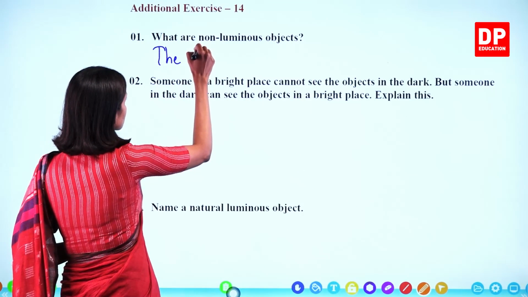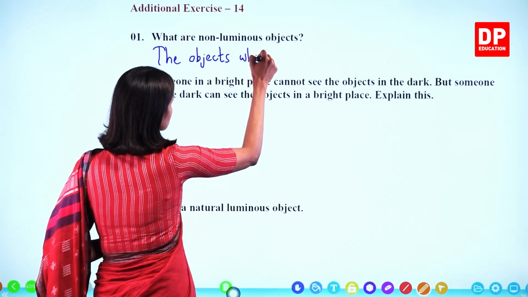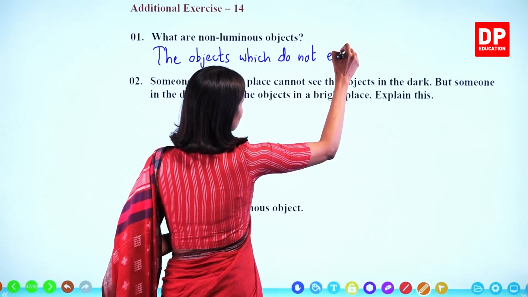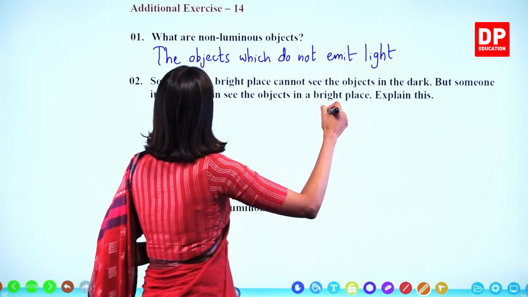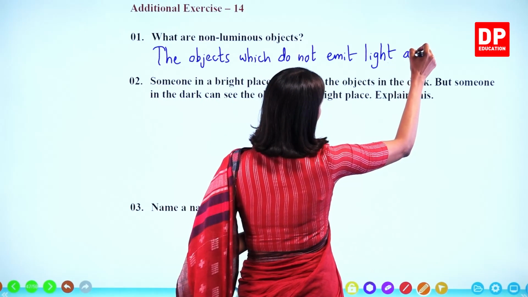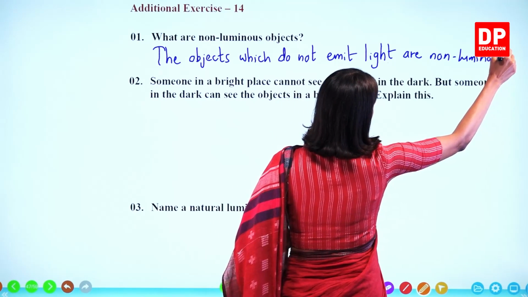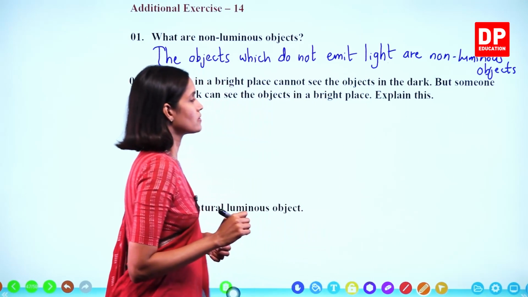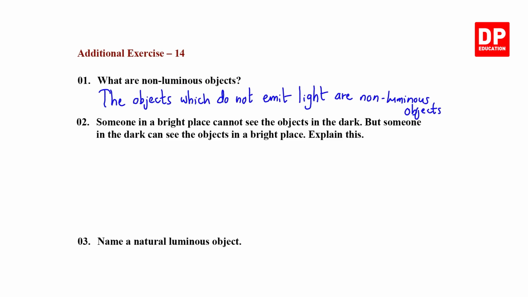The objects which do not emit light are non-luminous objects. Right, children? The objects which do not emit light are non-luminous objects.